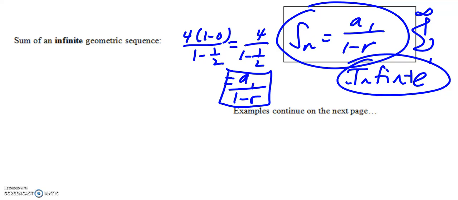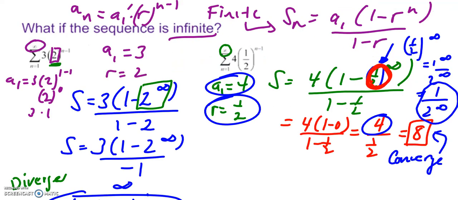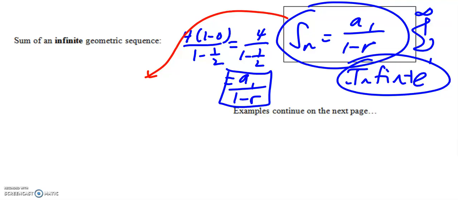But unfortunately, this formula only works under certain circumstances. Back here, I noticed that if r was above 1, it didn't work. But if r was a fraction, it did work. So here are some restrictions. By definition, this idea of an infinite series only works if the absolute value of my common ratio is less than 1.